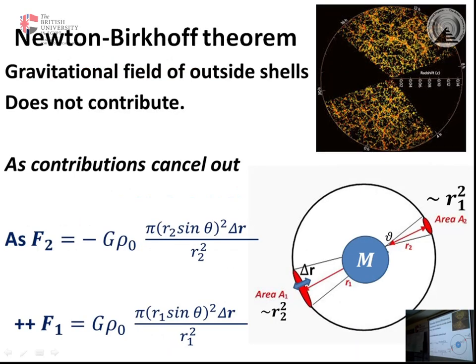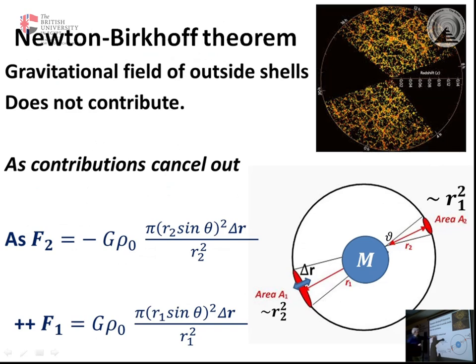Now, what's the field outside? Now, we are here. How do the shells outside contribute? They don't. Because basically this is like Olbers' paradox. The area goes like r squared, and the field goes like 1 over r squared, and the density is constant in both cases.